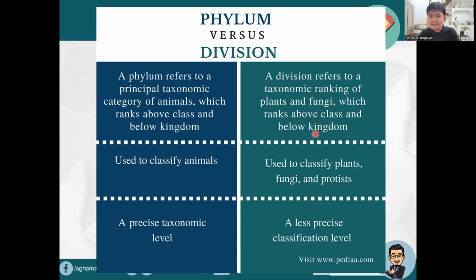Remember that fungi and plants are both heterotrophic also, no? Plants are autotrophic, fungi are heterotrophic, animals are heterotrophic. Then used to classify animals and used to classify plants, fungi, and protists. Okay, and then a precise taxonomic level and less precise classification.